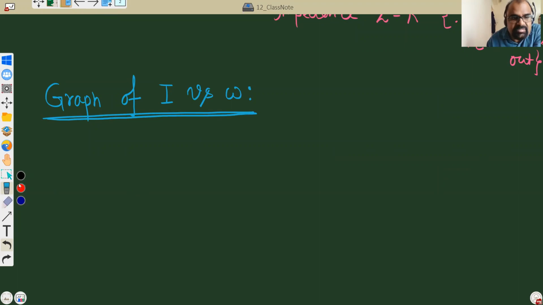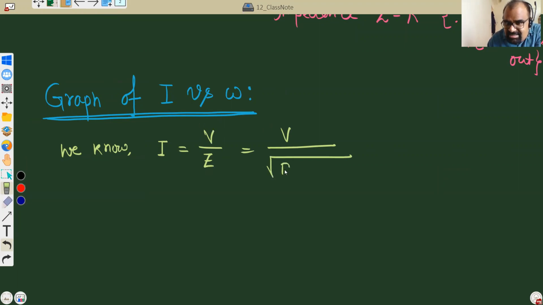Okay, see, we know for an LCR circuit, of course, we are drawing it for an LCR circuit, I is equal to V by Z. Z can be written as the square root of R square plus (XL minus XC) whole square.